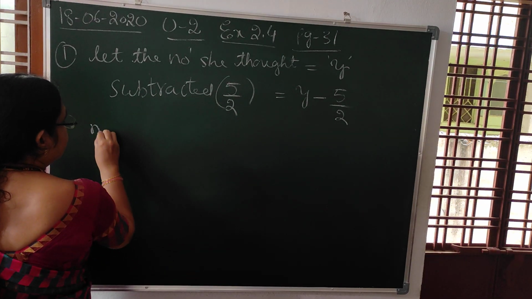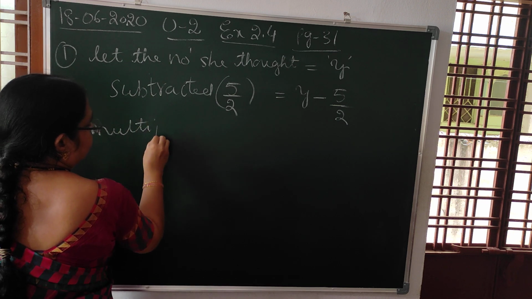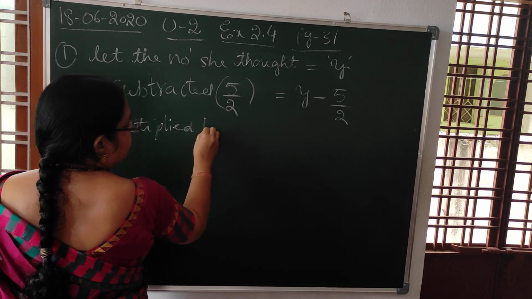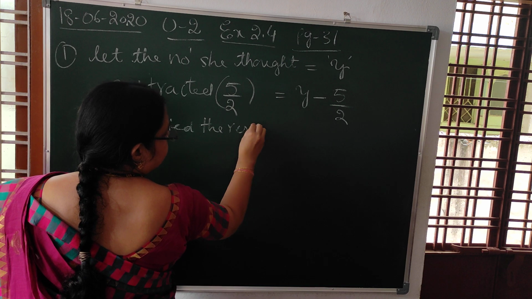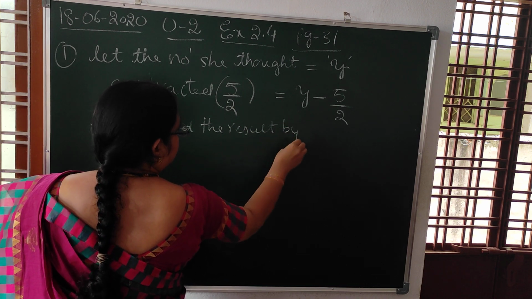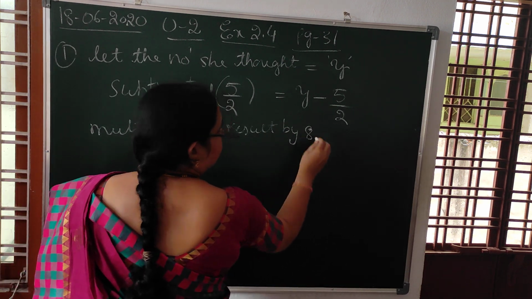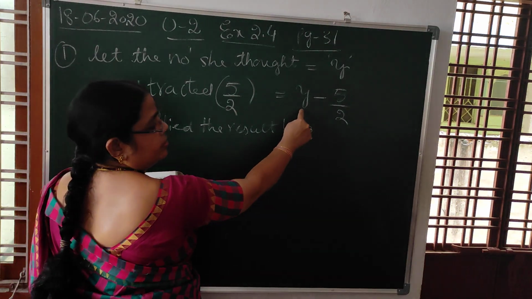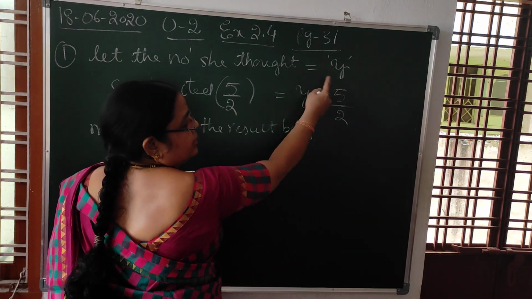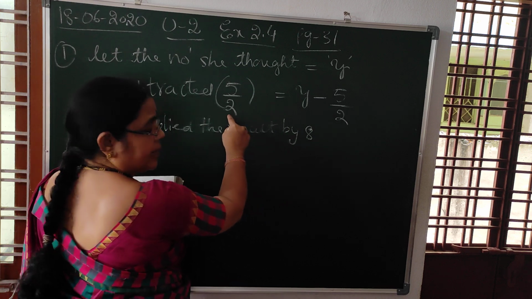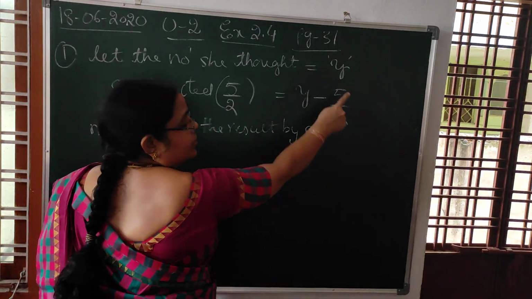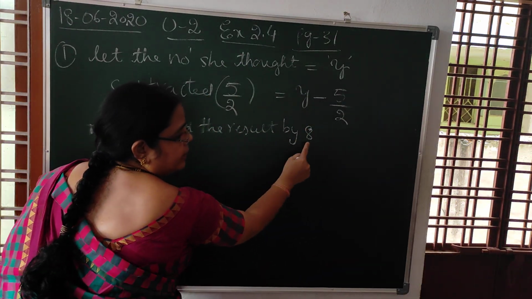Then multiply the result by 8. So what result did you get here? y minus 5 by 2. This is the result she got when she subtracted 5 by 2 from the number. So this is multiplied by 8.